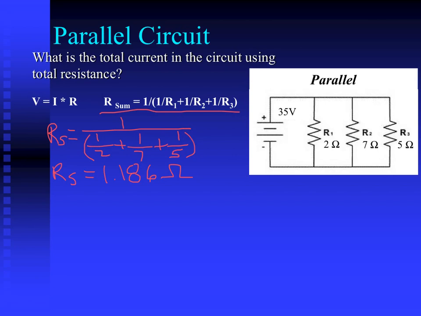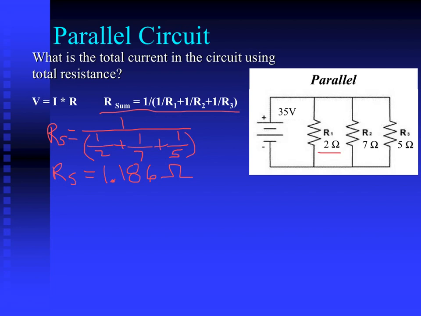Now notice the total resistance is dramatically less than the 14 ohms that we had in the series circuit. We now have a very low resistance. Notice it's going to be lower than the smallest resistor in any of the parallel resistance values. So in this case, 2 ohms is the smallest resistor, and your parallel total resistance will always be less than the smallest resistor. So in this case, 1.186 ohms.